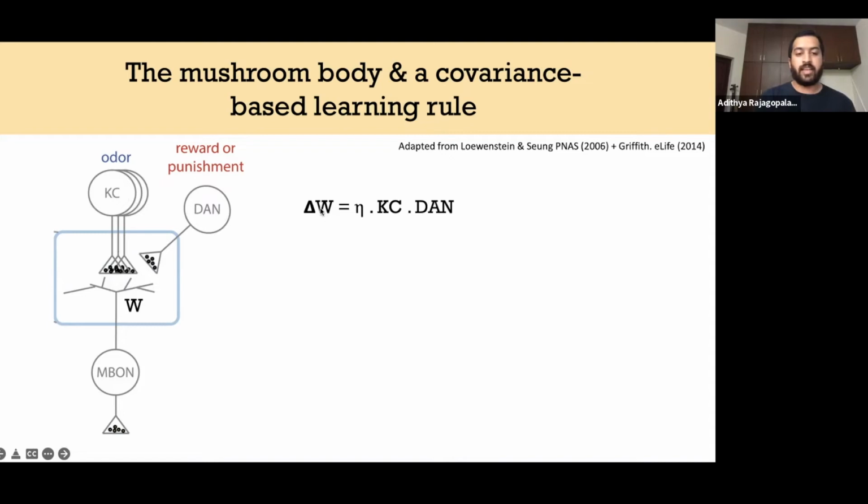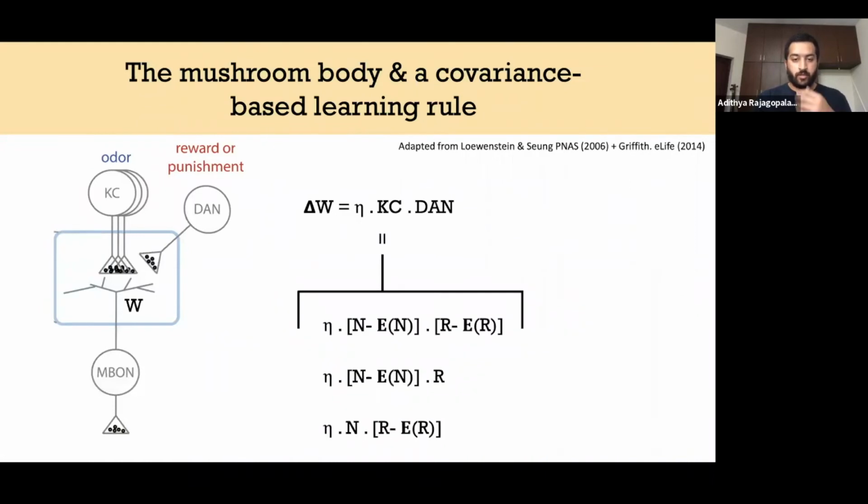And the reason that it's less is that this is a depression-based learning rule. I'm sorry, I forgot to mention that earlier. So there is a nice correlation here between the kinds of learning rules in the Sung and Lowenstein paper, where the Kenyon cells could represent the neural activity and the dopamine neurons could represent the reward activity.